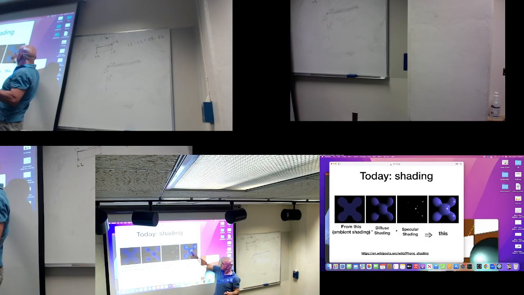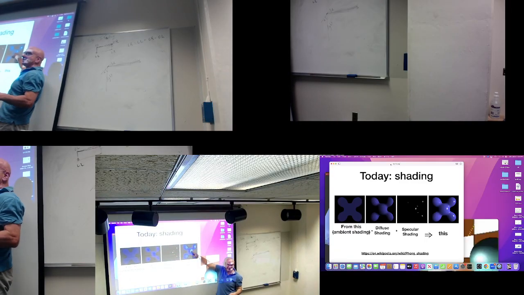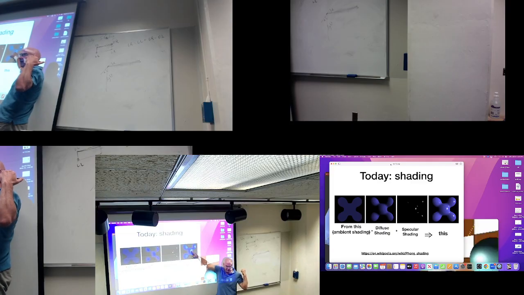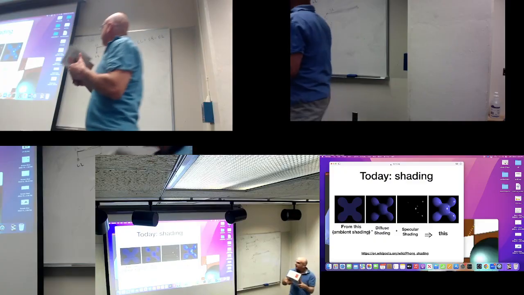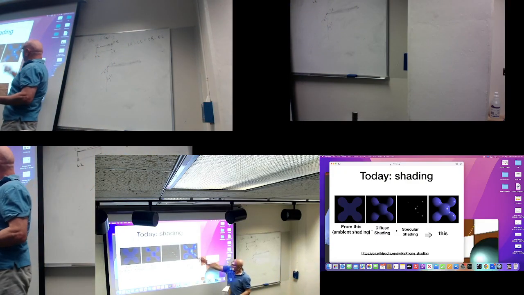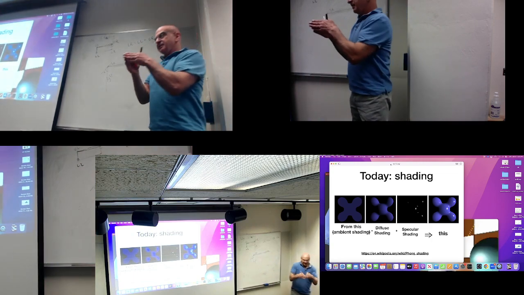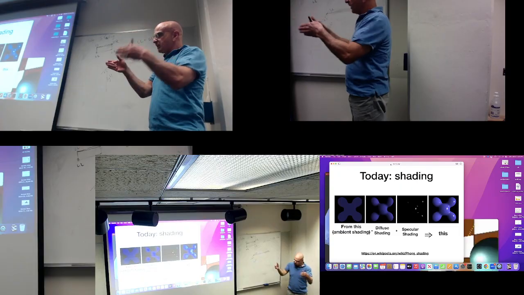You have a point source of light. Where do you see the reflection of the light on the surface? Exactly when the incoming angle equals the outgoing angle. Alpha equals alpha. Phong shading says, hey, even though it's a point source of light, the spot over there is a bit wider.